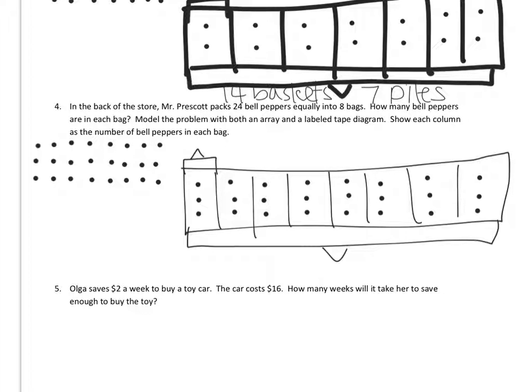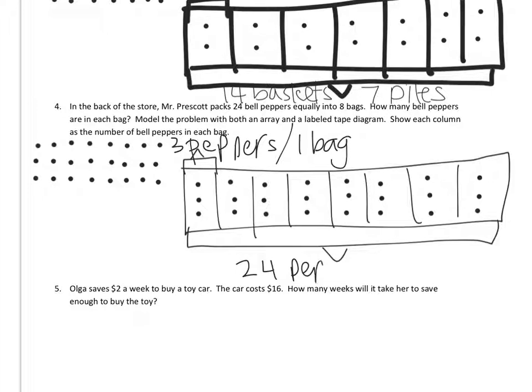So it is 3 peppers. And it's also 1 because it's 1 section, so it's 1 bag. So what's that mean for my total? Well, the whole thing is 24 peppers and 8 bags.